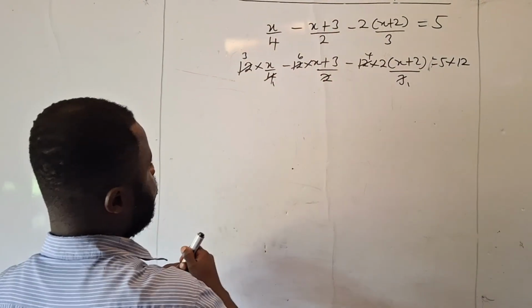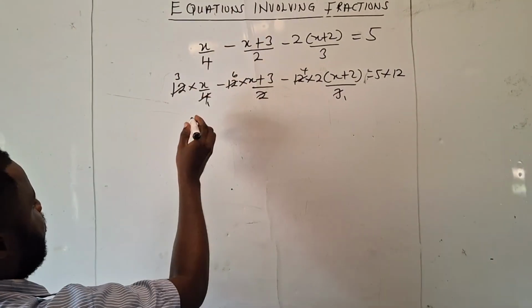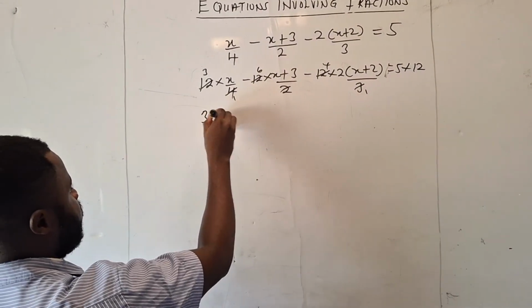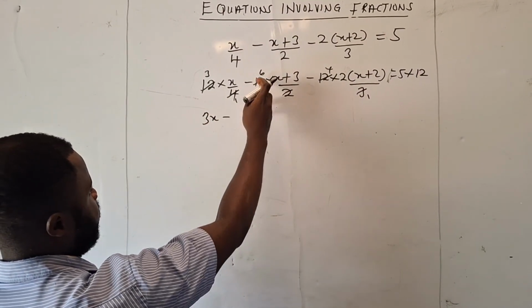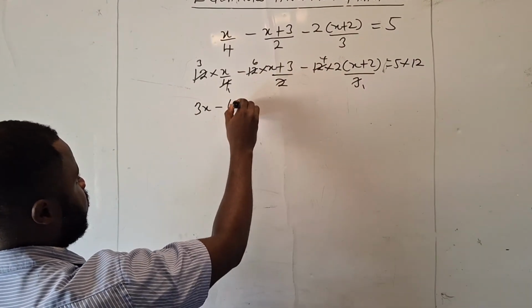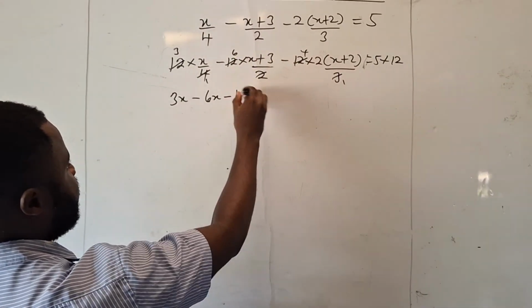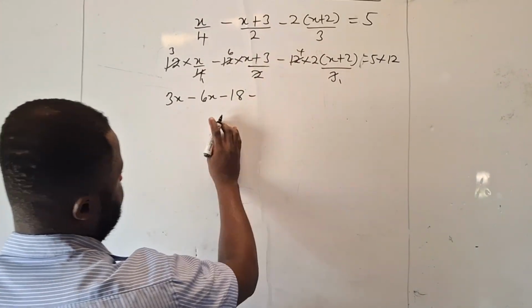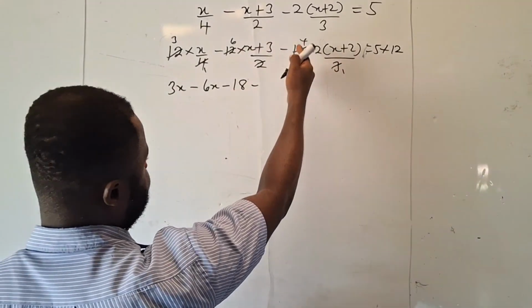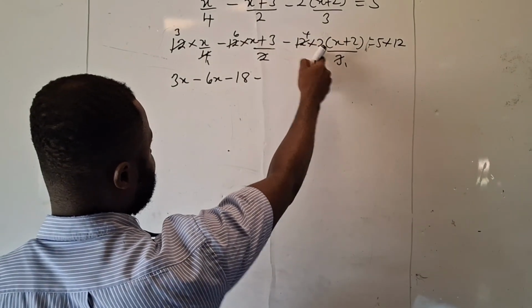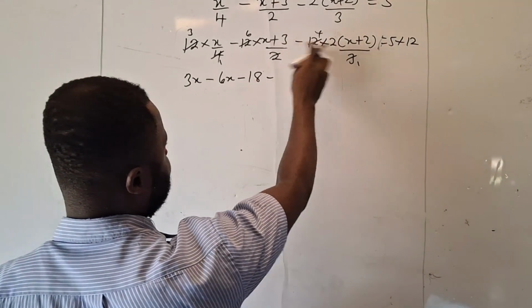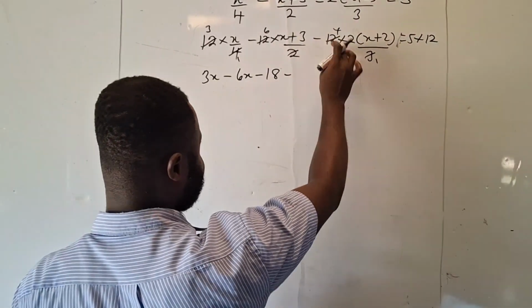So now we can multiply 3 by the x, 3x minus 6 times x, 6x, negative positive will be negative 6, 3 will give us 18, minus, then 4 times 2 will be 8. 4 times 2 will be 8 here.